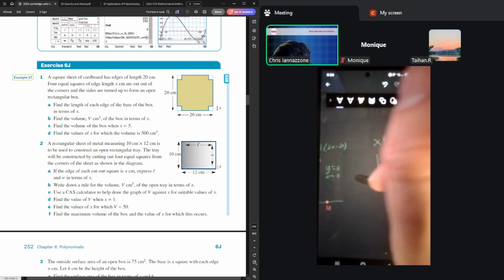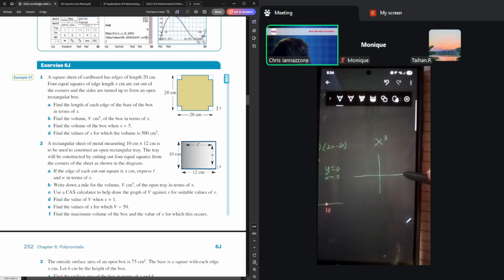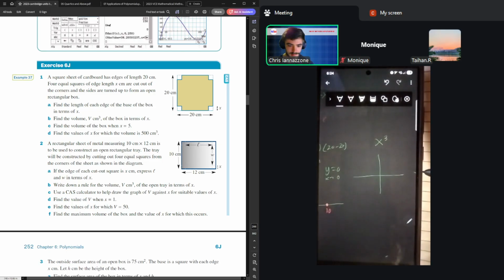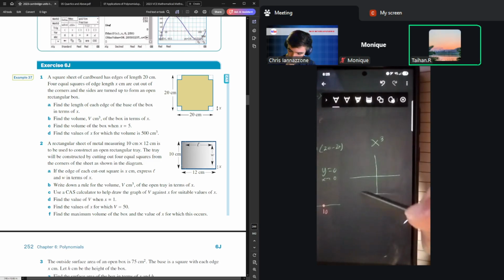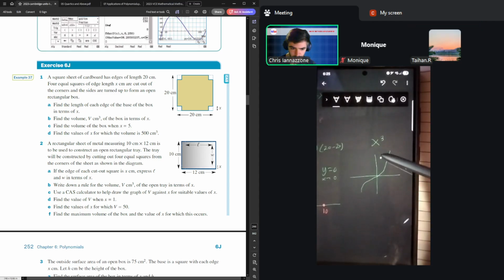Do you know what this graph starts out as? It starts from the bottom left. Yep, that's it. Do you know why, or do you just have that memorized? Yeah, it's kind of memorized just from seeing the graphs.